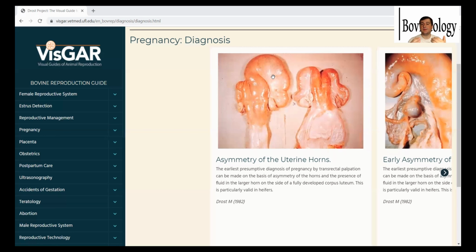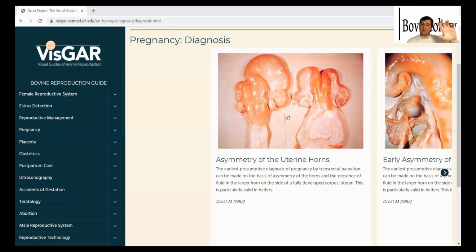So we're expecting in multiparous cows to have a certain level of asymmetry. So we cannot take asymmetry as a landmark, as a definite sign of pregnancy, but it can give you an idea that the animal is pregnant. So you have to keep looking for the other signs.